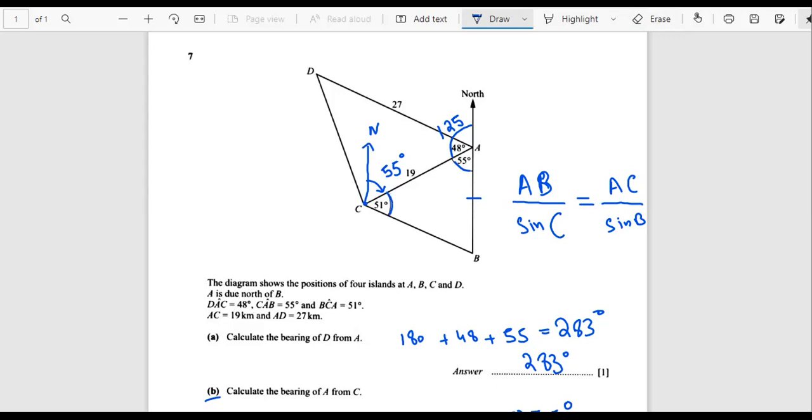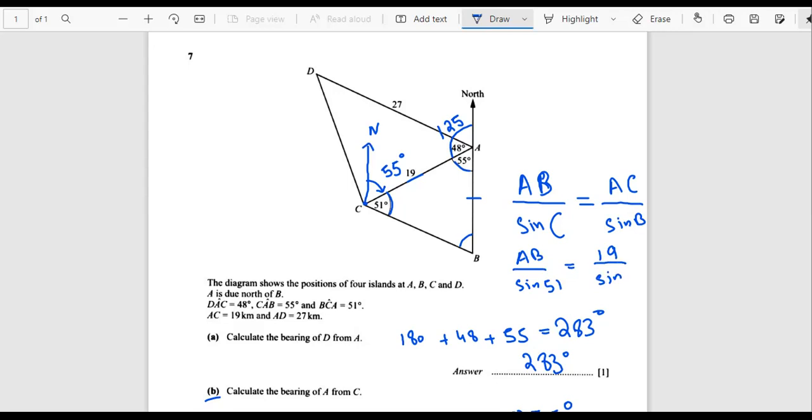So we do AB divided by sine C, and we have another side that is 19. The angle opposite to that side, that is AC, is the angle B. Okay. So these are the ratios. AB divided by sine 51 equals AC, that is 19, divided by sine B. I do not have B. What is B?